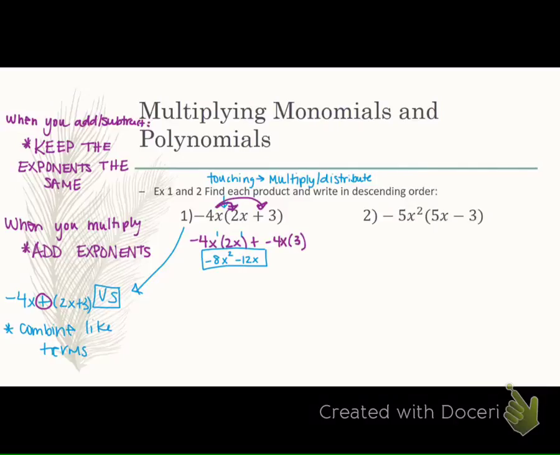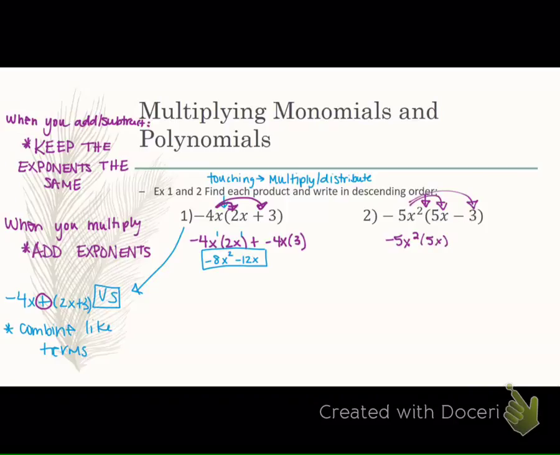Okay. Again, there is no separation of addition or subtraction here, so we use the distributive property. This is multiplication. So I have negative 5x squared times 5x minus negative 5x squared times 3. Two negatives make a positive there.